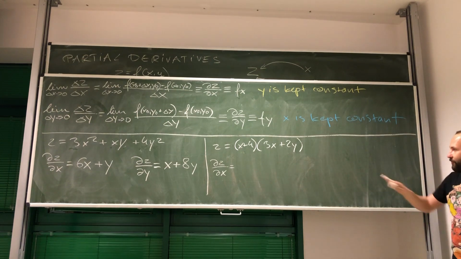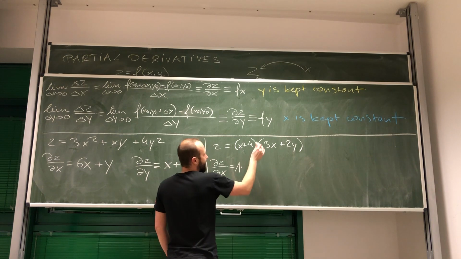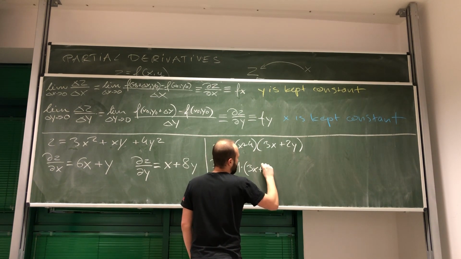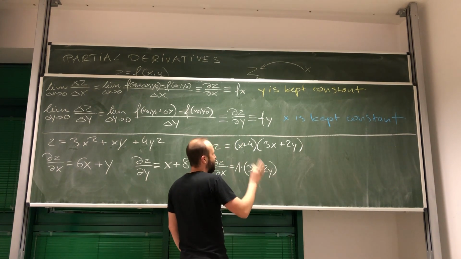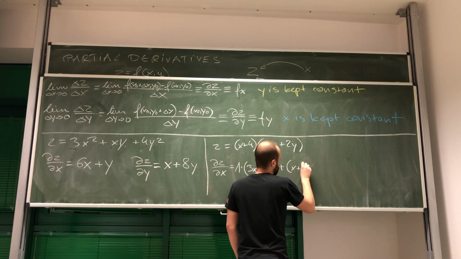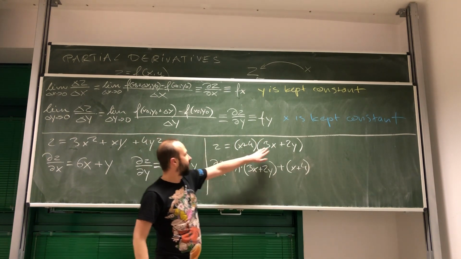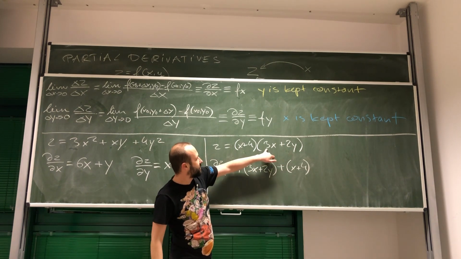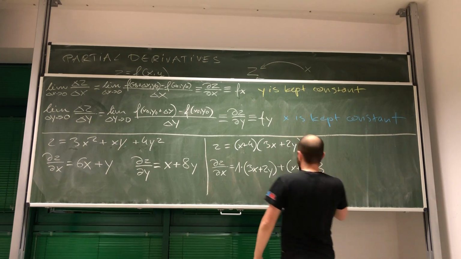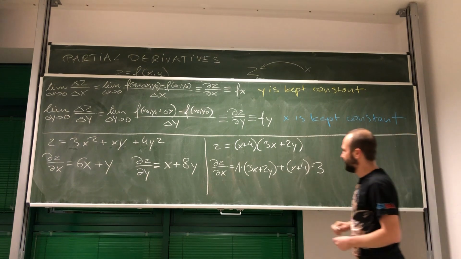So first, derivative of the first one, which is just 1, times the second one, which is 3x plus 2y, and now plus the first one, x plus 4, times derivative of the second one. Because this is constant, we just get that this is 3. Of course we should calculate it, but this is not the point at the moment.